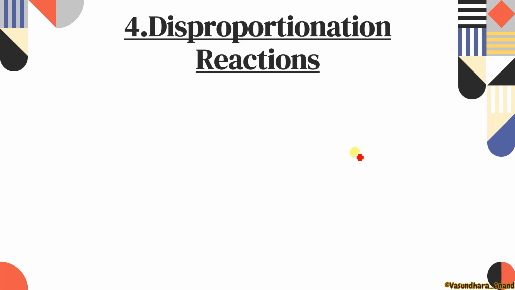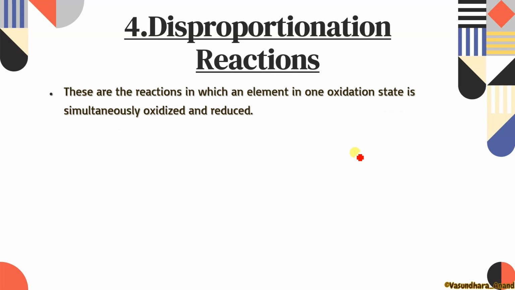What is a disproportionation reaction? It is a reaction in which the same element, of the same compound, in one oxidation state is simultaneously oxidized and reduced. That means the same element is going to be oxidized as well as reduced.